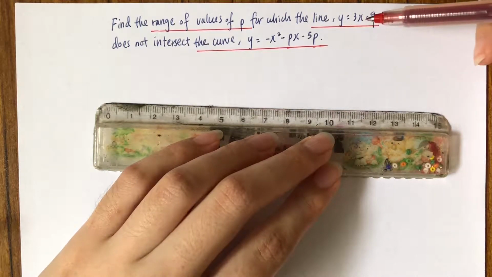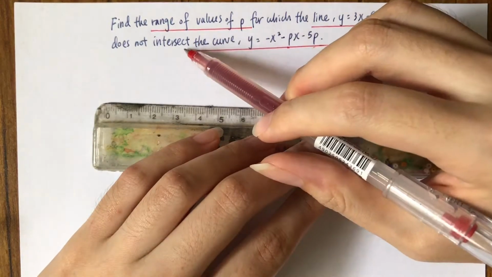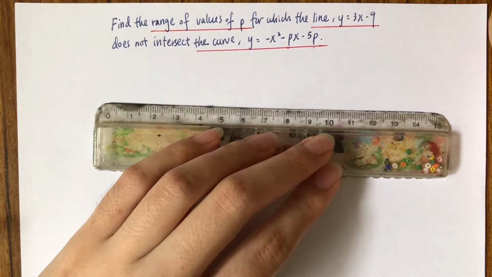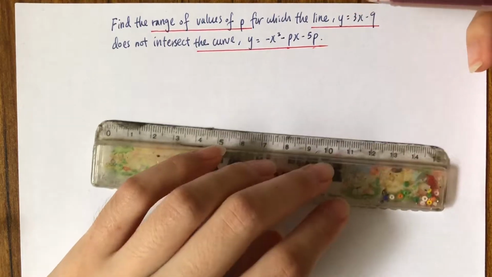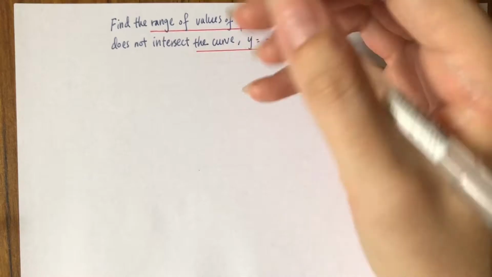This is a typical A-math question where the question usually tells you the intersection behavior of a line with a particular curve. So this is actually the idea of discriminants, and we have three types.